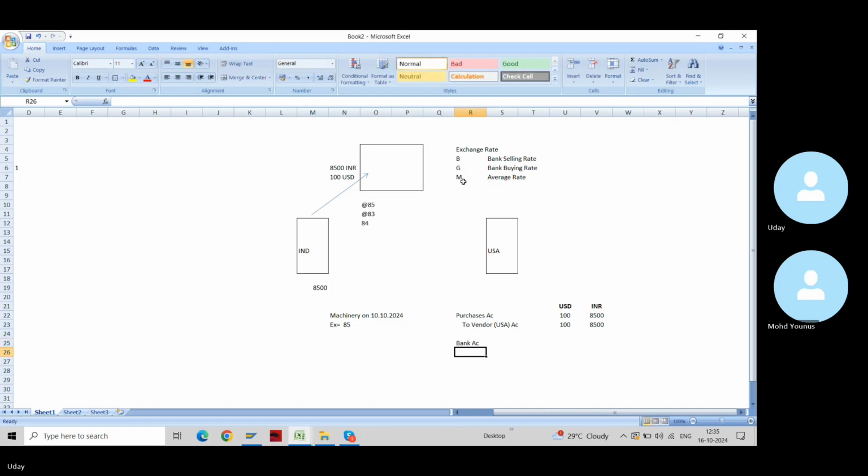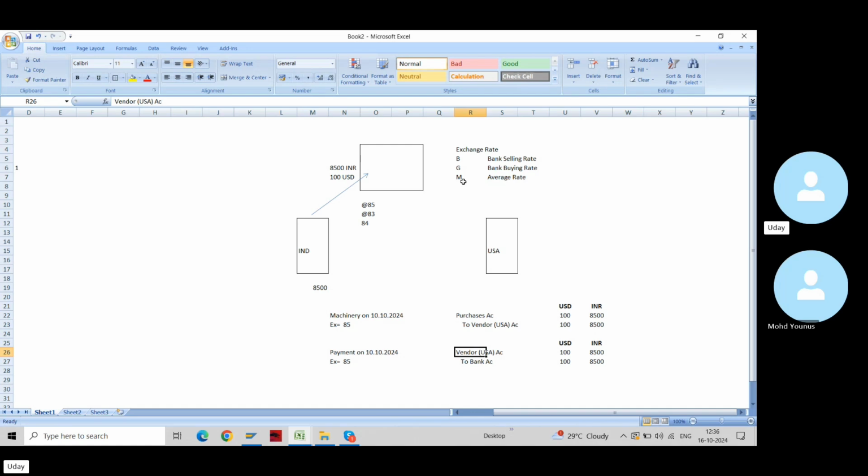Vendor account debit, bank account credit. For an asset I would have to use a separate GL, but let's stick with the purchase account only.